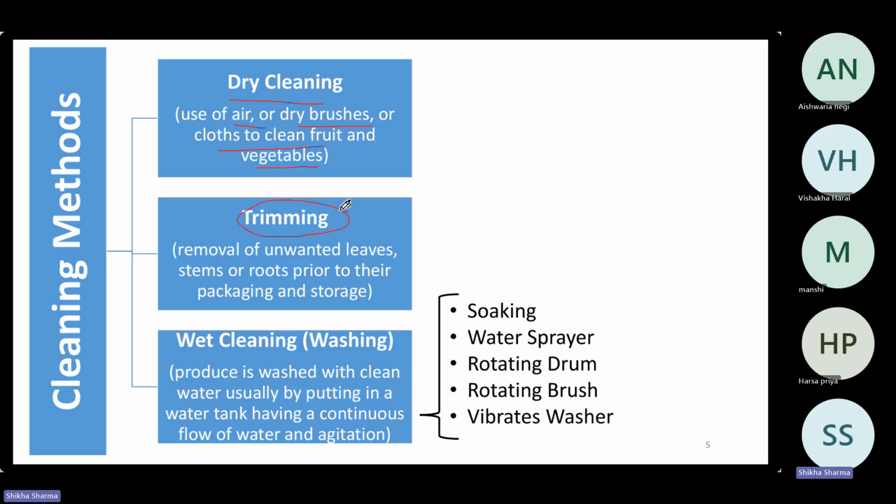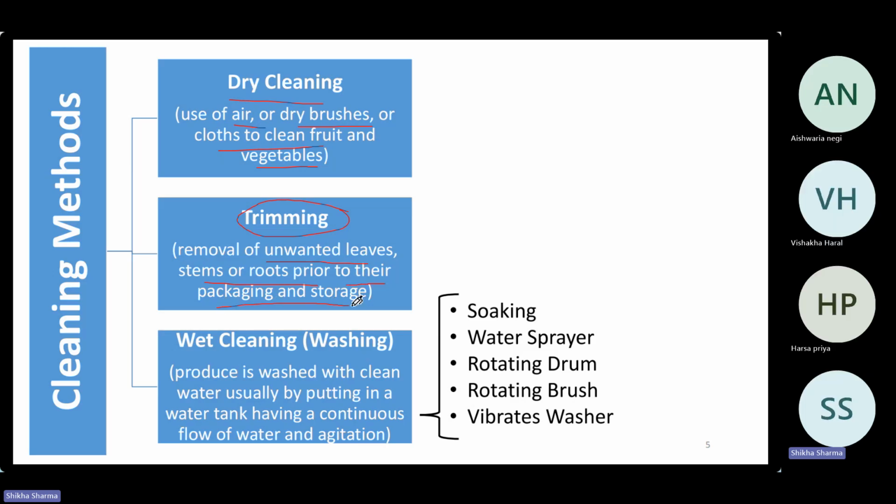Another operation is trimming, where unwanted leaves, stems or roots are removed prior to packaging and storing. Third is wet cleaning, or washing, where produce is washed with clean water, usually by putting it in a water tank, with continuous flow of water and agitation during the wet cleaning.